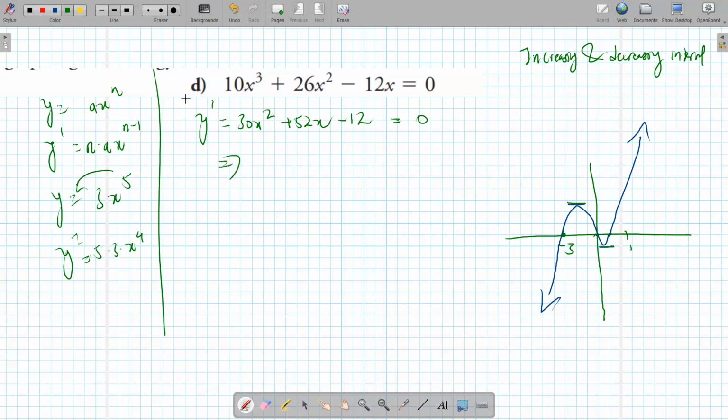So we're going to solve this equation. Again, it's a quadratic trinomial. They're all divisible by 2, so let me pull that out to make life easier. Cool, like that.